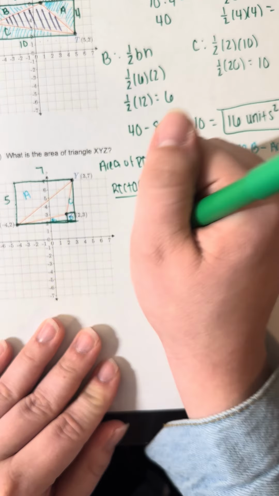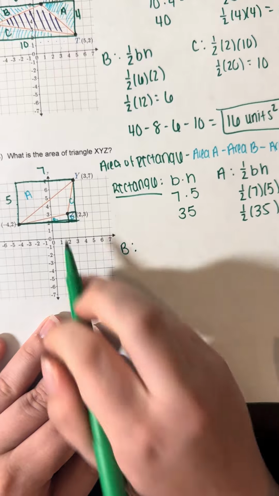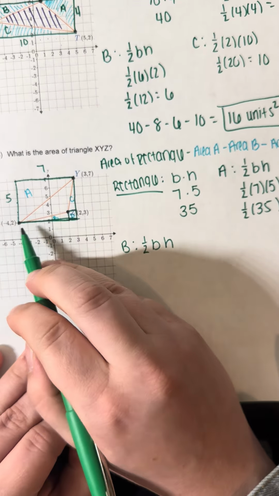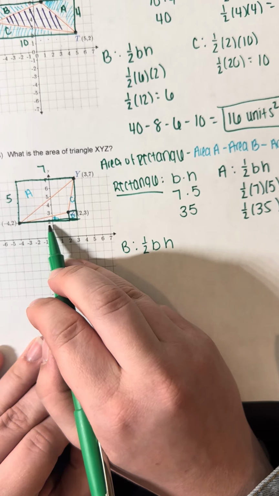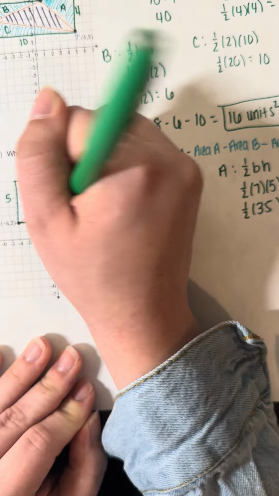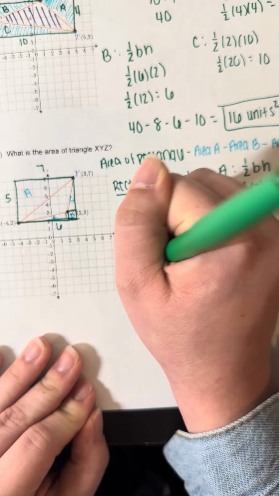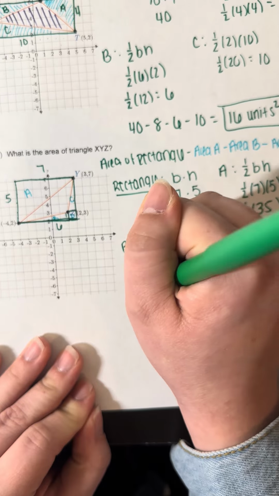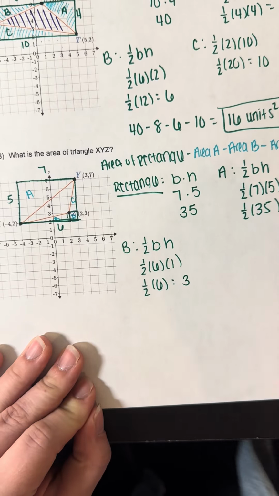Okay, for my B section over here, again, it's a triangle, so half base times height. And we're going over 1, 2, 3, 4, 5, 6 for this one, and then up 1. So half 6 times 1. Half of 6 times 1 is 6, and half of 6 is 3.